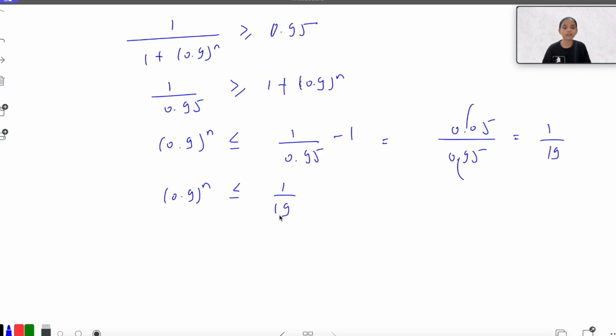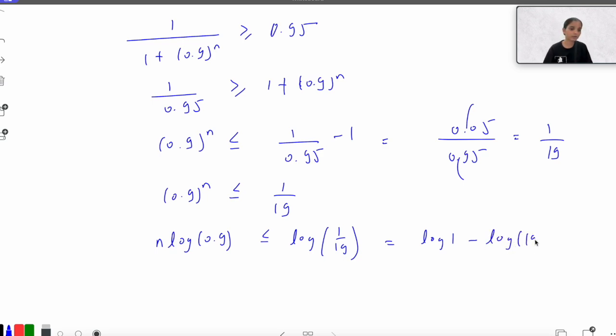So we are having 0.9 raised to the power n lesser than or equal to 1 upon 19. Taking log on both sides, it will be n log 0.9 lesser than or equal to log of 1 upon 19. This I can write as log 1 minus log 19, by the property of log m upon n being log m minus log n, and we know that log 1 is 0, so we will have minus log 19.